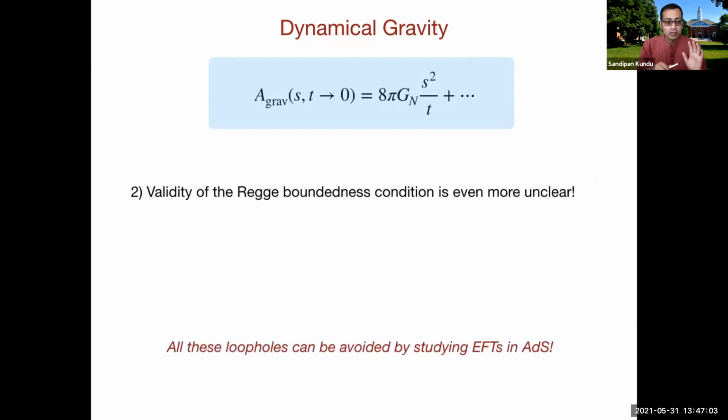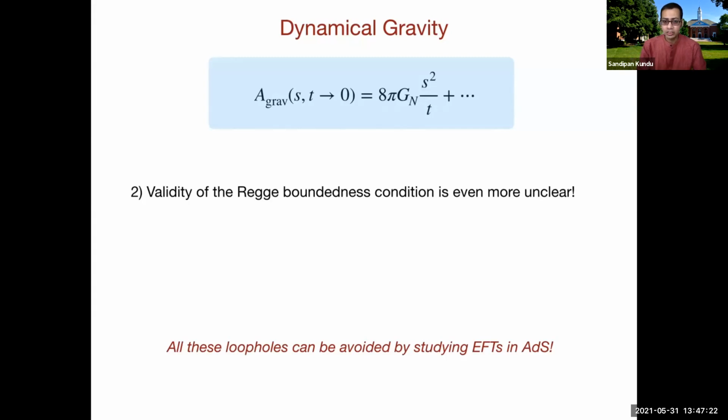But if you look at this tree-level graviton exchange diagram, the validity of the Regge boundedness condition is even more unclear, because even the tree-level scattering amplitude grows as S squared.